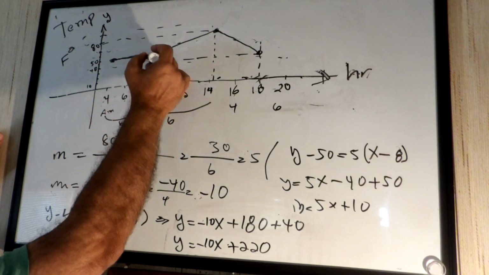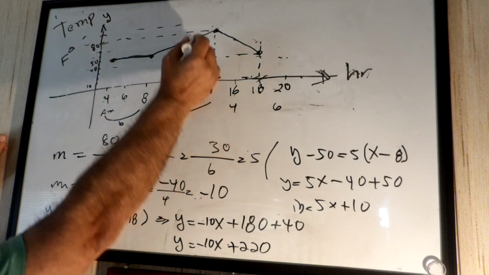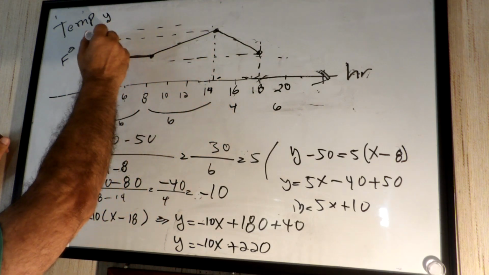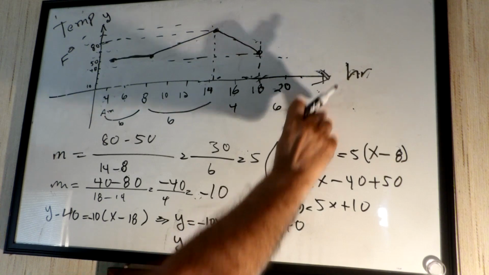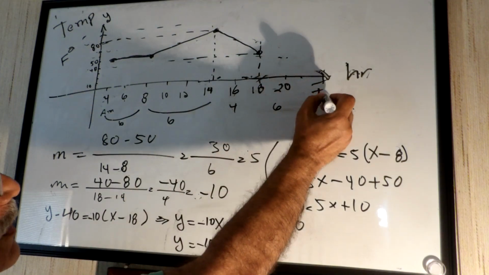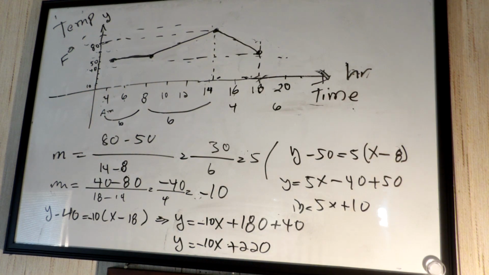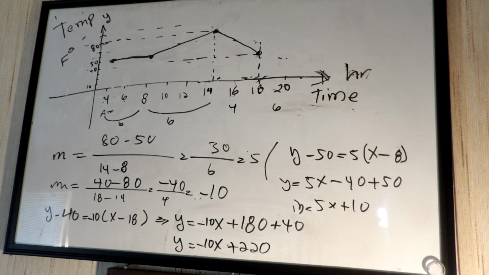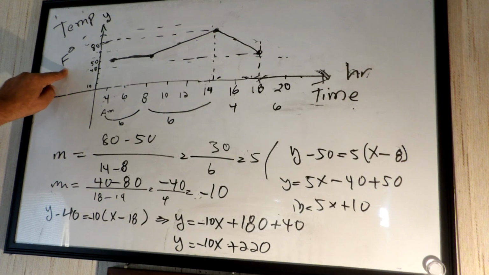And then at 2 p.m. it's going to get up to 80 degrees Fahrenheit. Always write what those axes mean. The x-axis is time in terms of hour. We could have time in terms of minutes or seconds, and here temperature in terms of Fahrenheit.